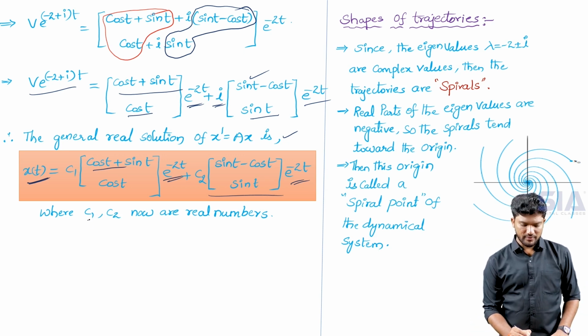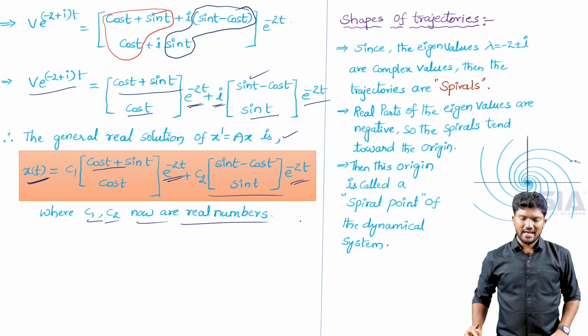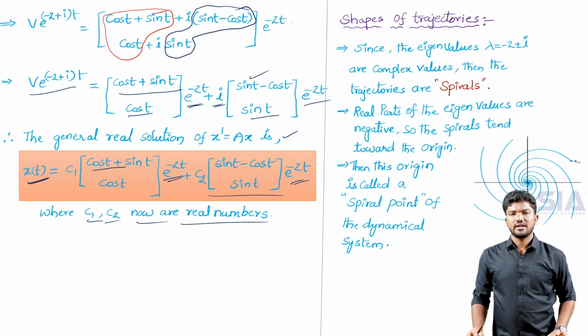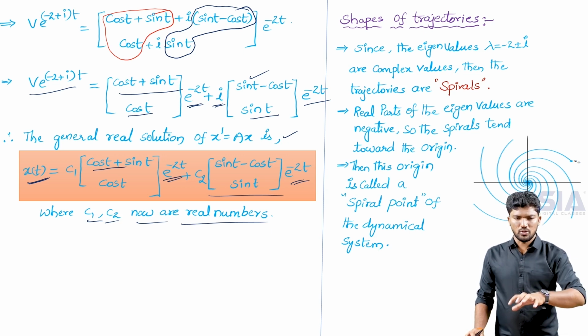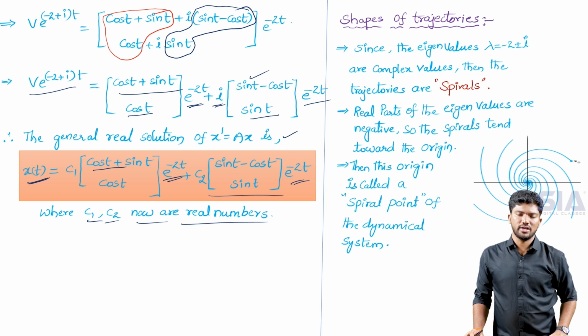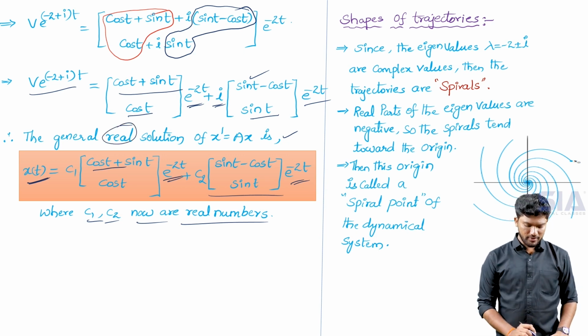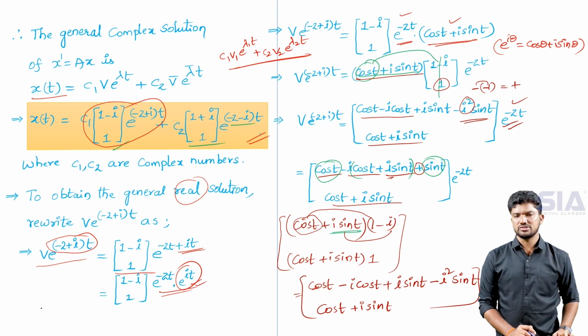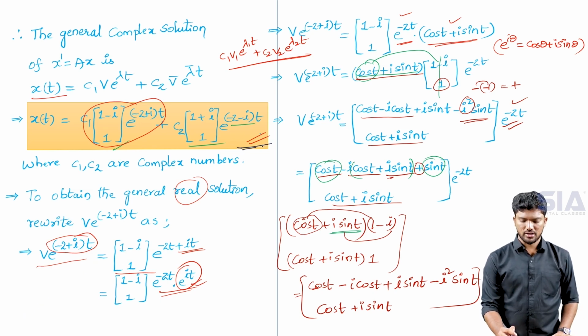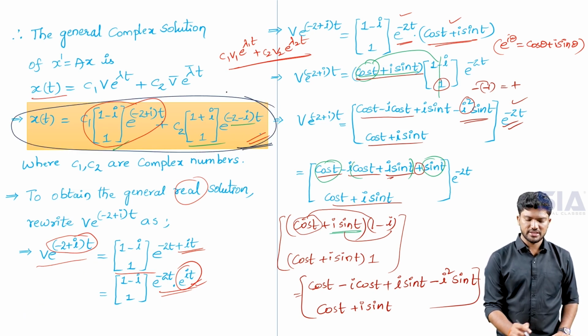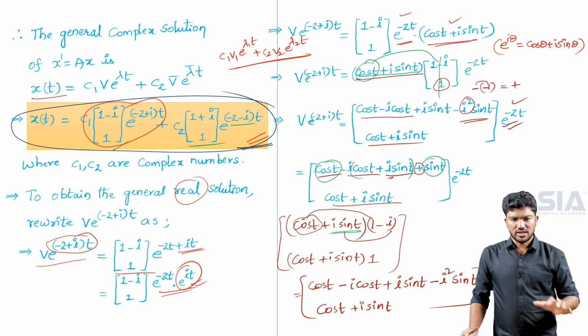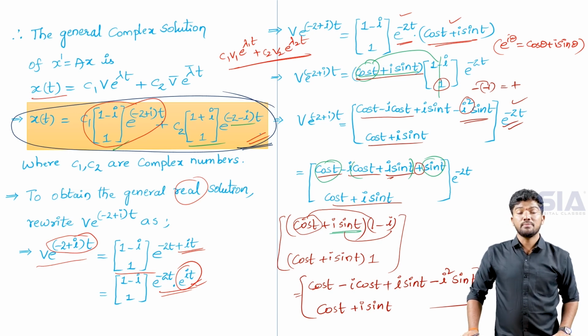Where c1 and c2 are real numbers, definitely real numbers, the total system is real only, that's why we are calling it a real solution. And previously we had the complex solution. Whatever this boxed part is, the total solution is called a complex solution. Why?